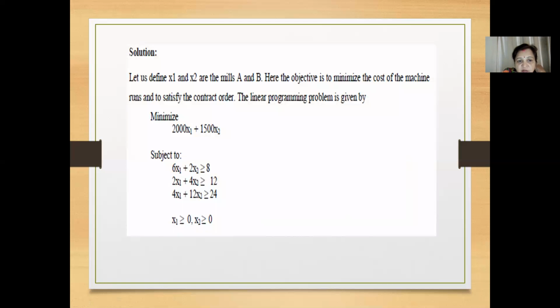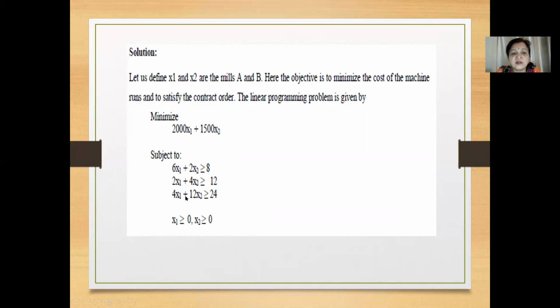So first constraint will be this one, 6x1 plus 2x2 greater than or equal to 8, since here we have to produce at least this minimum quantity of the high quality flow. In the same way, second constraint will be 2x1 plus 4x2 greater than or equal to 12. And third will be 4x1 plus 12x2 greater than or equal to 24.